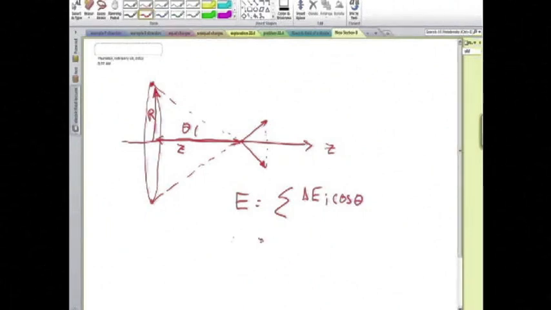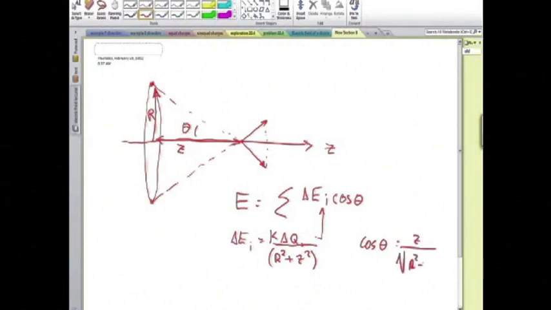The magnitude of the little electric fields is as much charge as you have in that section of the ring divided by the distance squared, which is r squared plus z squared. So you're going to plug that in here, multiply by the cosine. The cosine of theta is going to be z divided by the square root of r squared plus z squared.